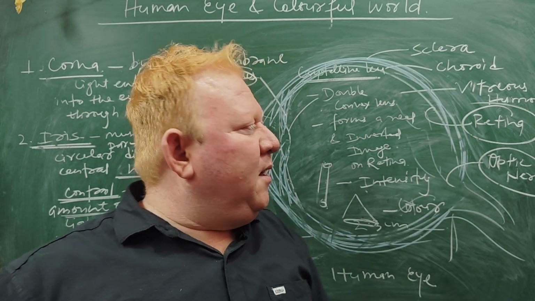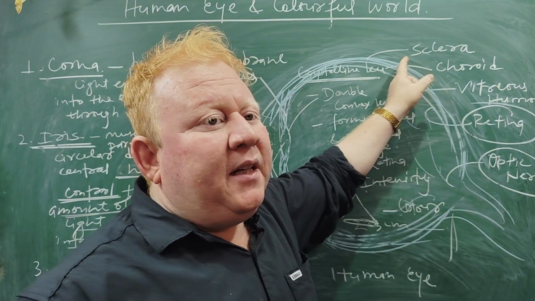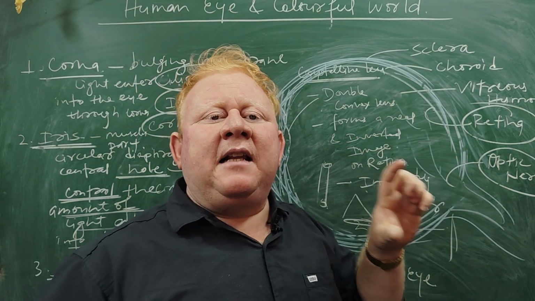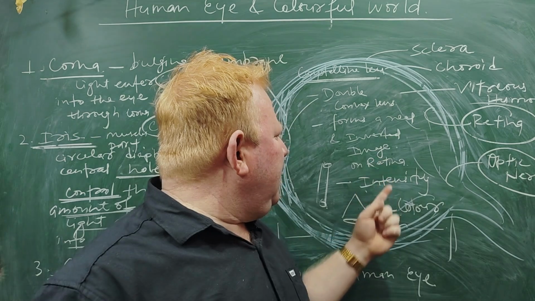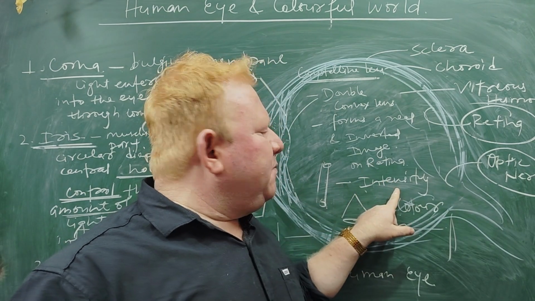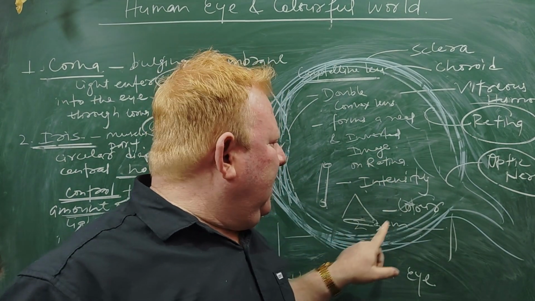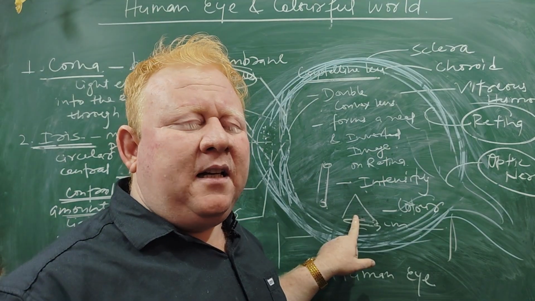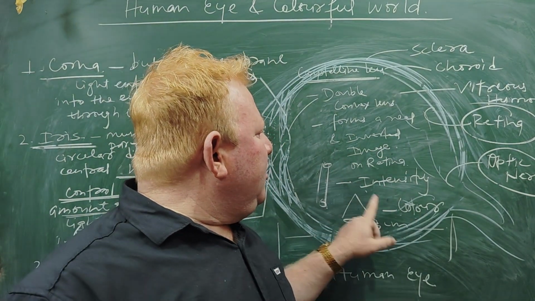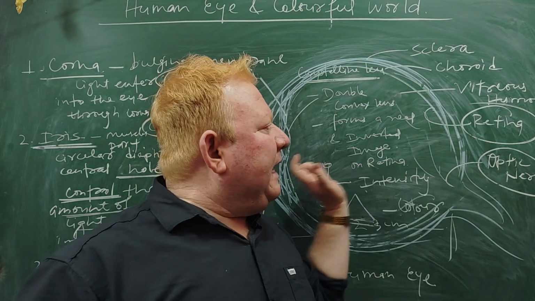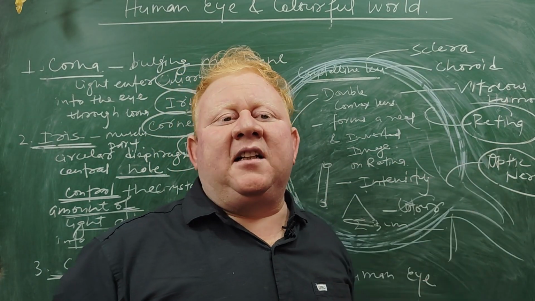Of course, here at retina what happened? Retina consists of a large amount of light sensitive cells in the form of rod type and cone type, where rod type is responsible for intensity of light and cone type cell is responsible for color of light. These two convert light impulse into electrical signal.